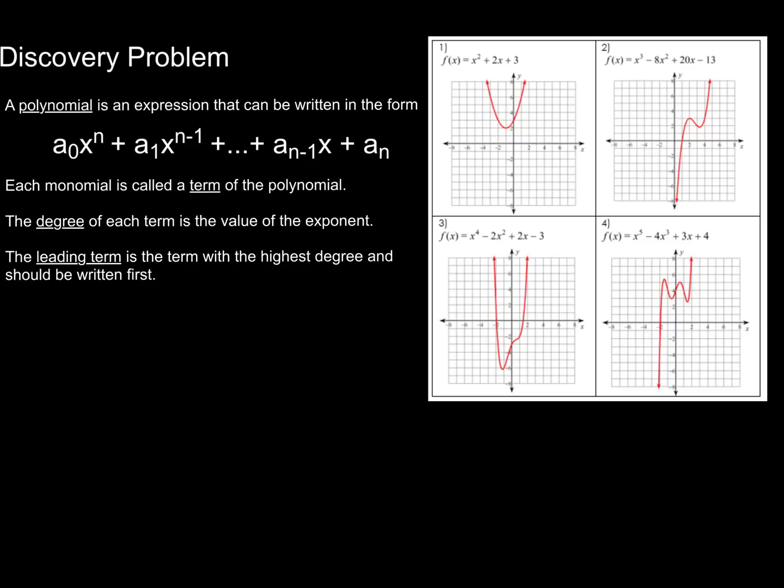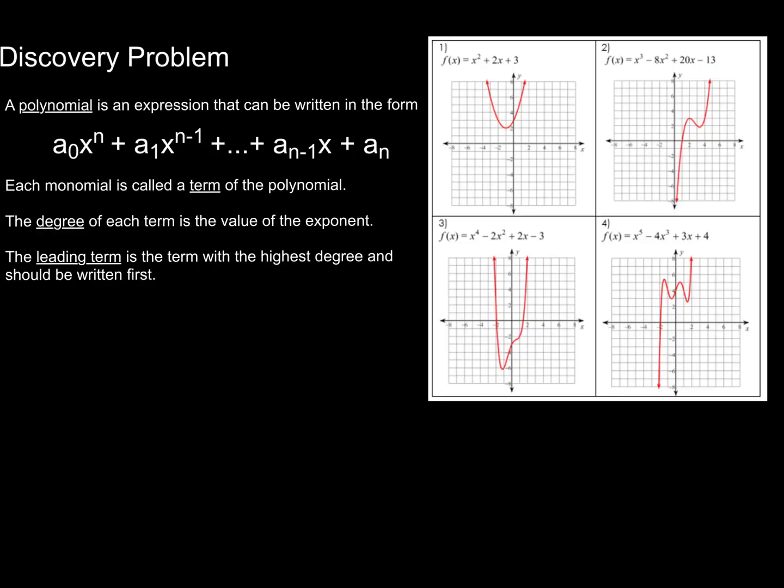For example, in equation 1, the coefficient for the first term is 1, so a sub 0 is 1, and for the second term it's 2, so a sub 1 would be 2. You can go down the line until you get to the very last term, and notice that the last term, a sub n, has x to the 0, because x to the 0 is 1, so you always finish with an x to the 0 term, which here would be 3.